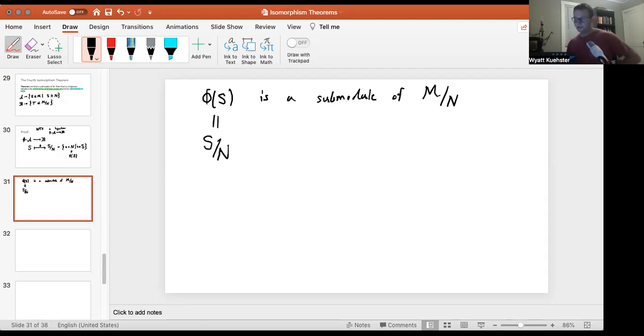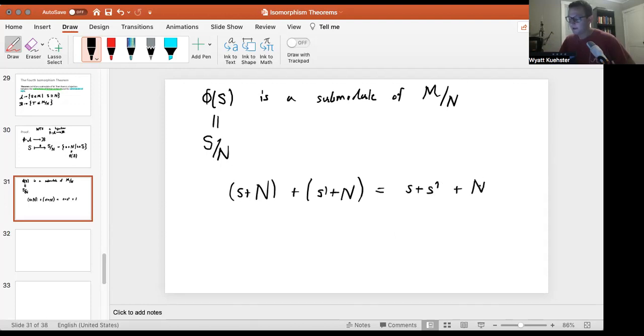So I claim it's somewhat obvious that this is a submodule because, if I have s plus N plus, let's say, s prime plus N, this is just equal to s plus s prime plus N, and s plus s prime is in S because S is a submodule.